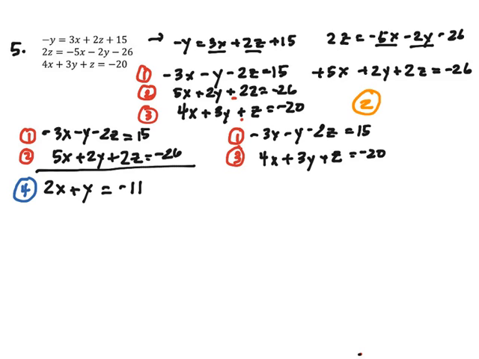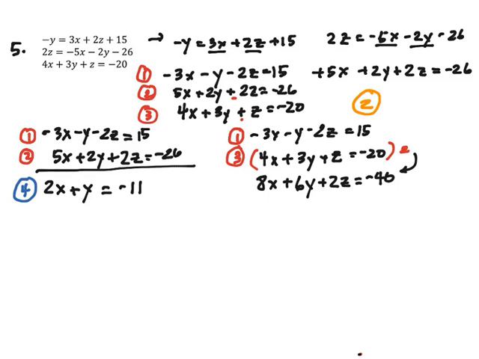So I'm going to multiply the third equation by 2. So that'll be 8x plus 6y plus 2z equals negative 40.